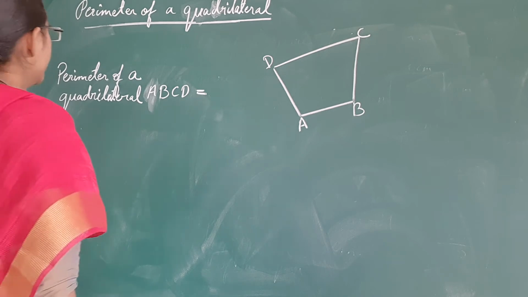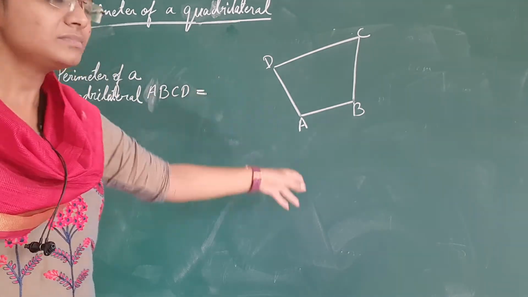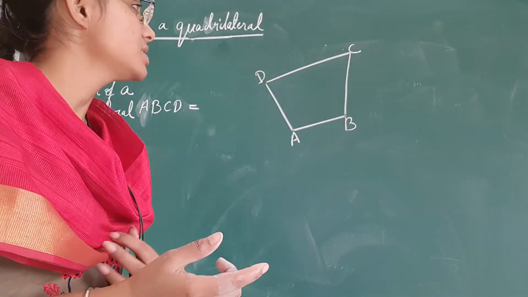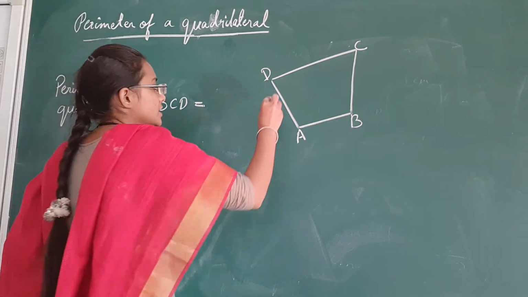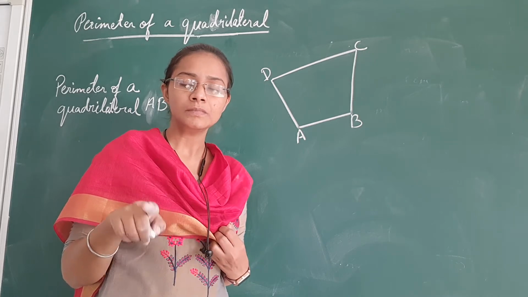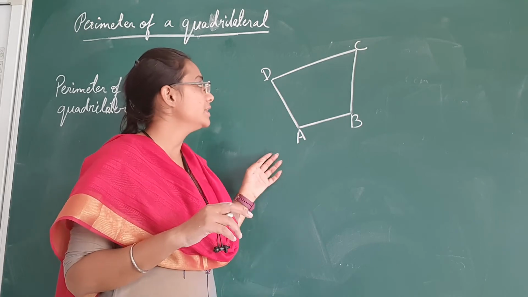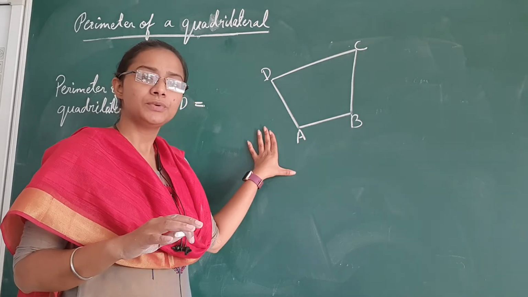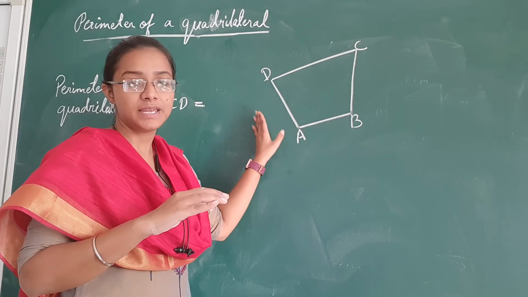Now, finding the perimeter of a quadrilateral. Quadrilateral means it also has 4 sides, but no side is equal to each other. As we know that in a square 4 sides are equal, and in a rectangle 2 opposite sides are equal. But in a quadrilateral, to find out the perimeter, you just have to sum up all the sides.